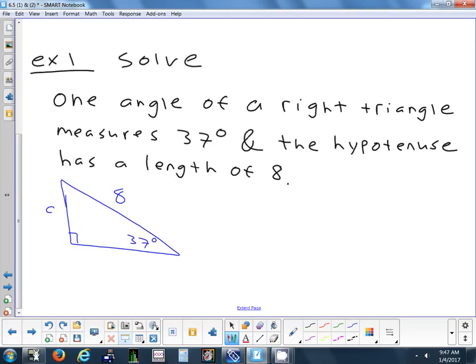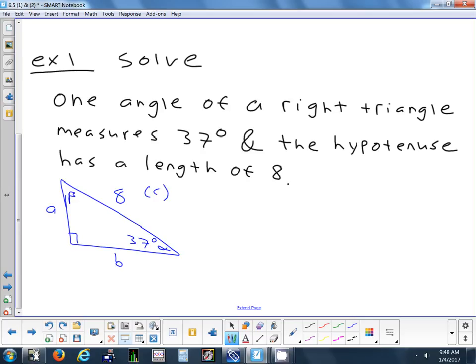I'm going to call this side A, B, and that would be C, but we know it. And then, if this is A, what angle is always across from A? This would be alpha, but we already know it. And what angle is always across from B?